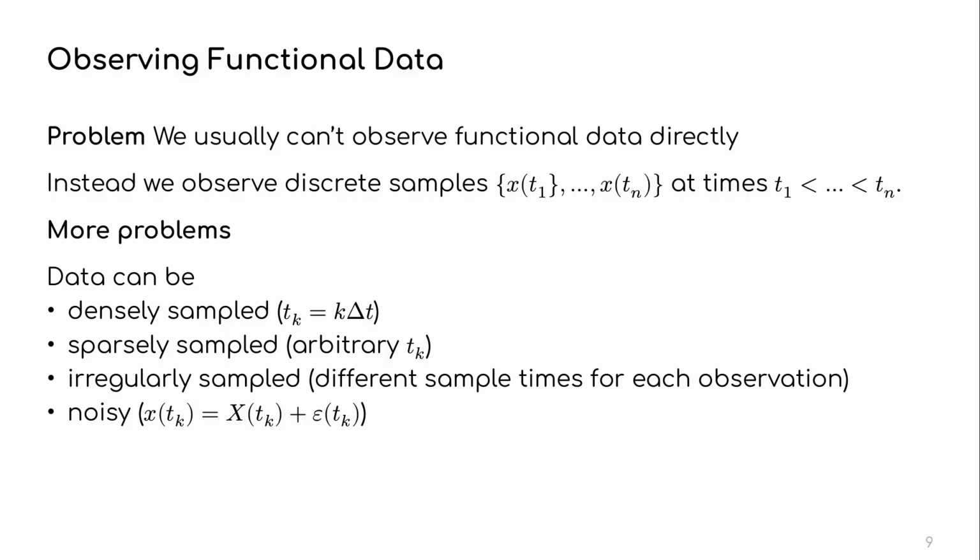I can do that maybe once every day, and that's it. Once every day I get a sample from each of my stations coming in, and I put them in a data set. So we have the problem that we need to find a way to get a function representation from these finite samples. That's one of the big challenges in functional data, and that's what we'll be talking about for a while.